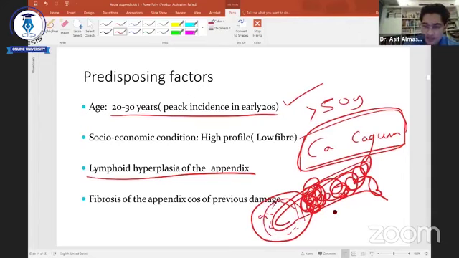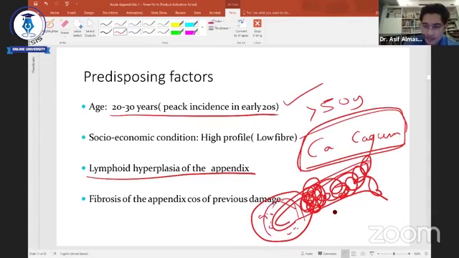What are the risk factors for perforation? As usual, extremes of age. So elderly patients or even younger patients can have perforation. Immunosuppression like diabetes mellitus, fecolith obstruction, pelvic appendix, previous abdominal surgery. Why are these important? Because in these cases, the greater omentum cannot come and reach the appendix.